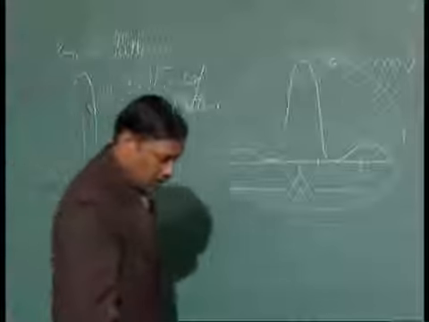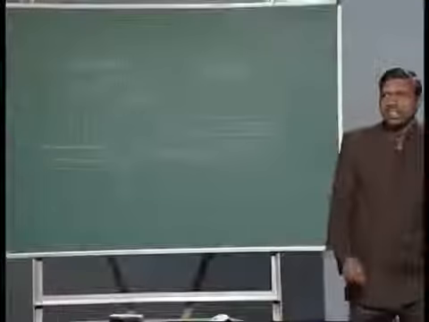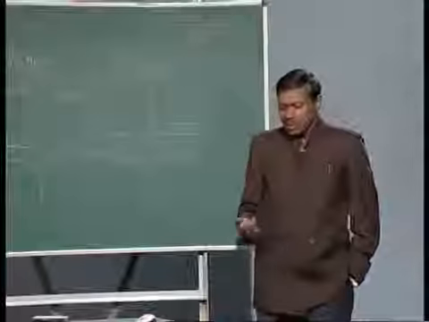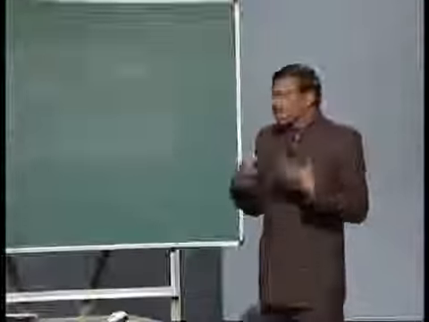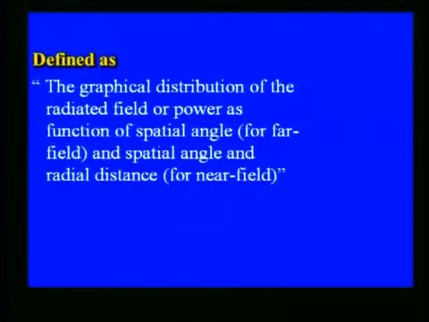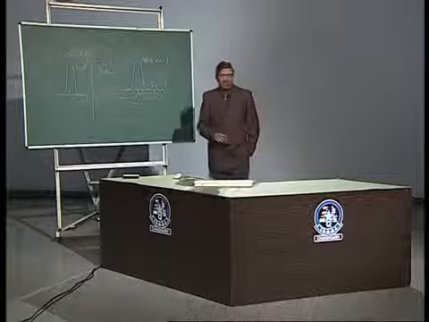So, if you see here, the radiation pattern, which is how the signal getting released from the antenna is distributed in the surroundings or the regions having the influence of the antenna, is nothing but the graphical distribution of the radiated field or the power, as the case may be, with respect to the spatial angle, specifically when we talk about the far field region, the region which is far from the antenna.